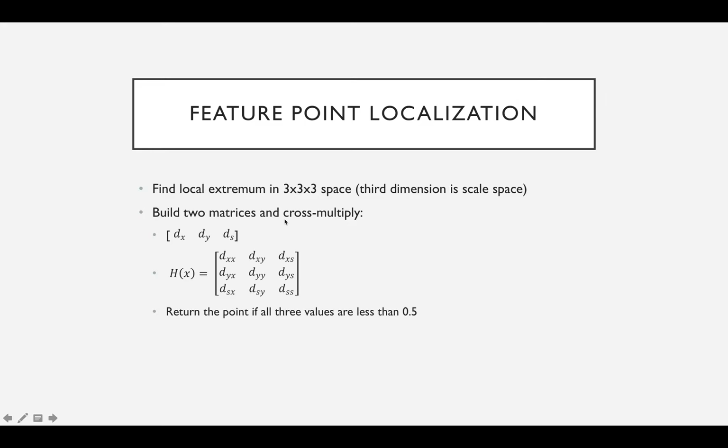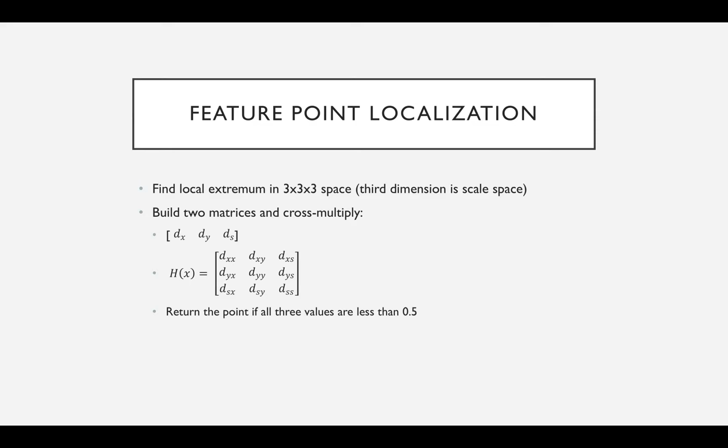So once we've built this scale space of response layers, we need to localize our feature points. That's going to have 2 major steps. The first is that we need to find local extrema in a 3 by 3 by 3 space where the third dimension is the scale space. And then the second step is that for each interesting local extremum, we build the derivative in the x, y, and s directions, and then we'll also create the Hessian matrix in those 3 dimensions.